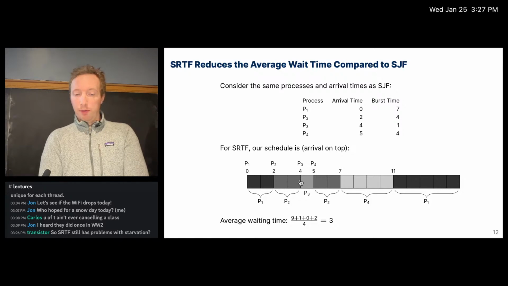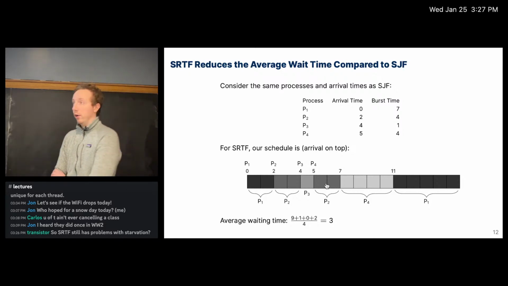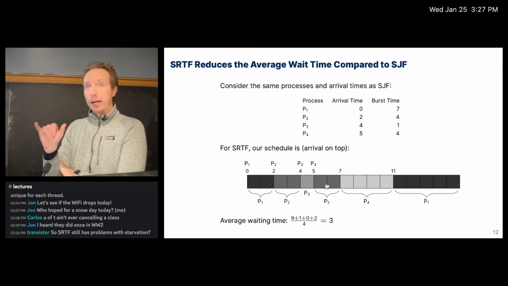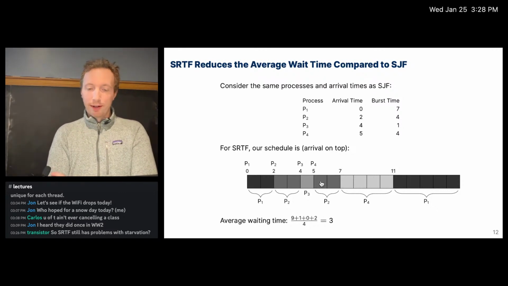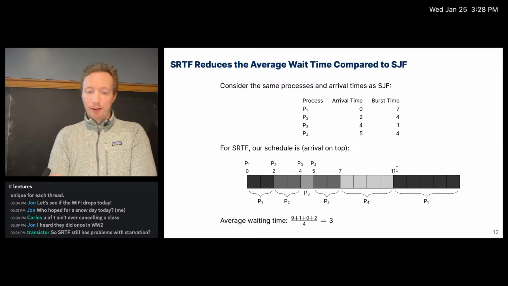P3 waited for 0 because it came in at 4 and executed immediately. And then finally, P4 waited for 2 time units, so these 2 time units. So a shorter way to get those, if there's bigger gaps or you don't want to count the boxes, you can just take the number from when that process finishes and subtract from it when it started.